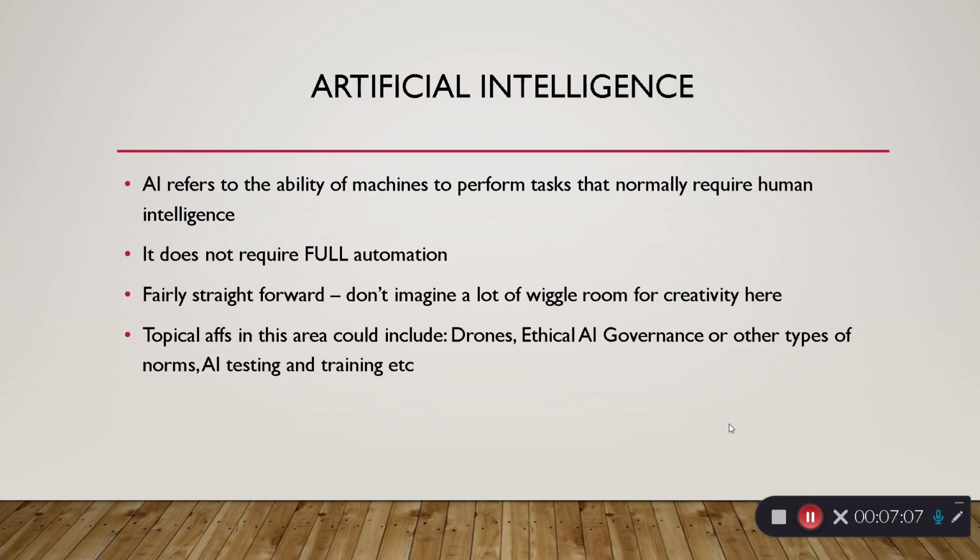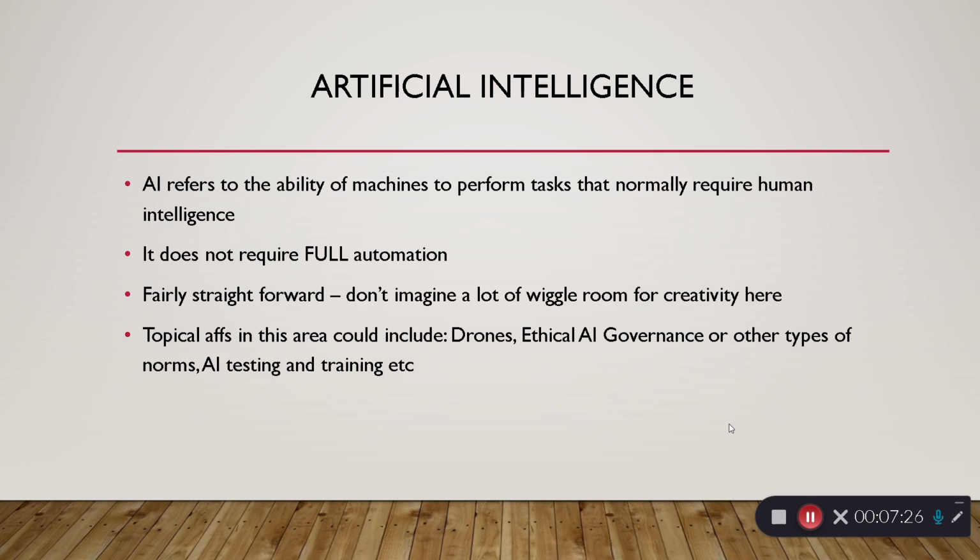For example, affirmatives could increase cooperation with NATO member states regarding UAVs or drones, whether or not to distribute them or regulate their use, or to create some kind of international framework for UAV technology.